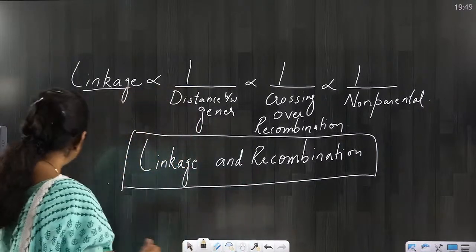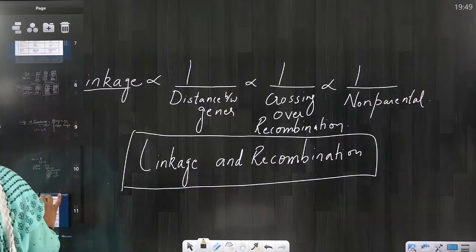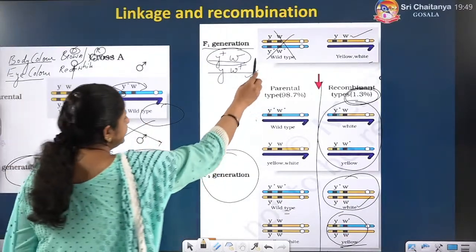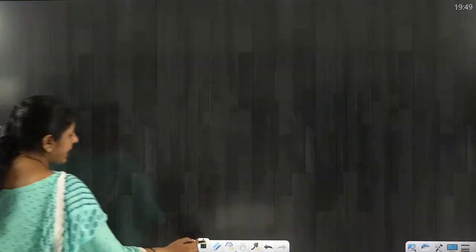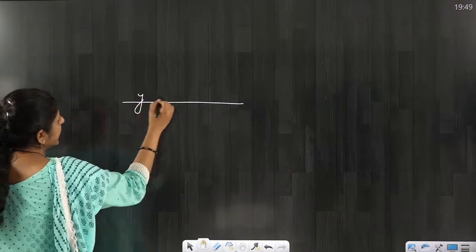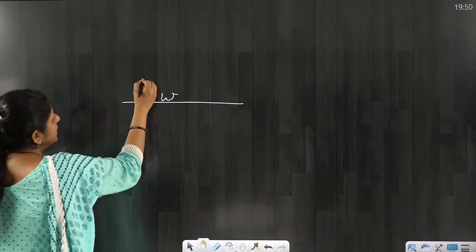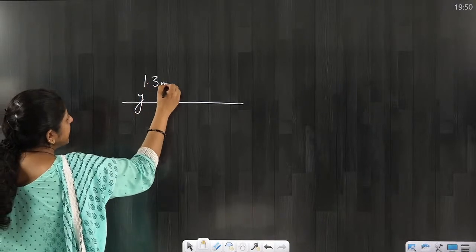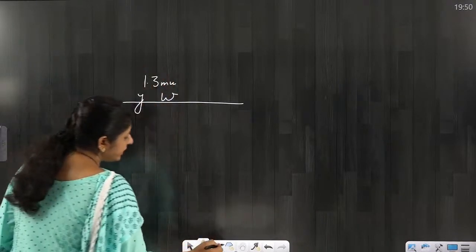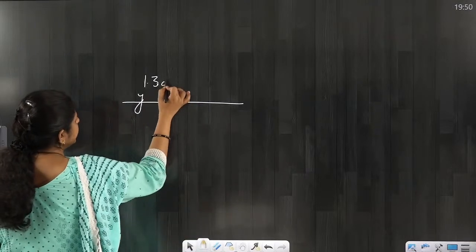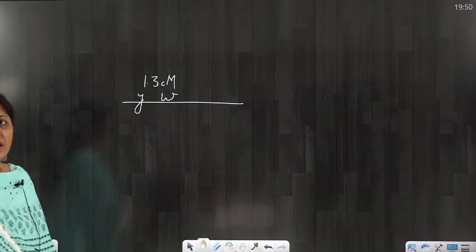So what can we conclude from this cross? Can I say we conclude that on this XX chromosome, the distance between the Y and W genes will be 1.3 map units, or if it is a eukaryote, then I must say centimorgans, right?